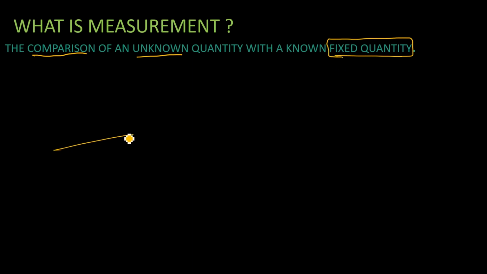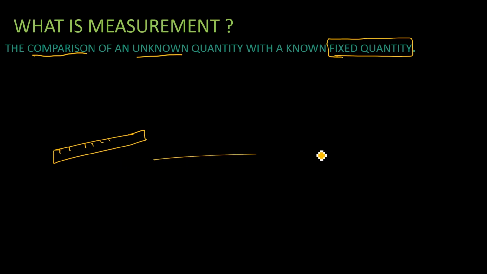Suppose you are taking this scale. Here your readings will be there, 1 centimeter, 2 centimeters, 3 centimeters, and it will be fixed, right? So you know the accurate value here, that is the fixed quantity.